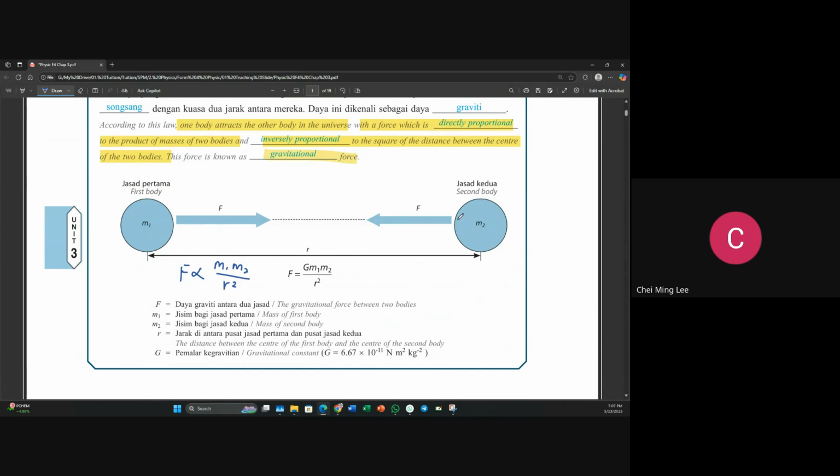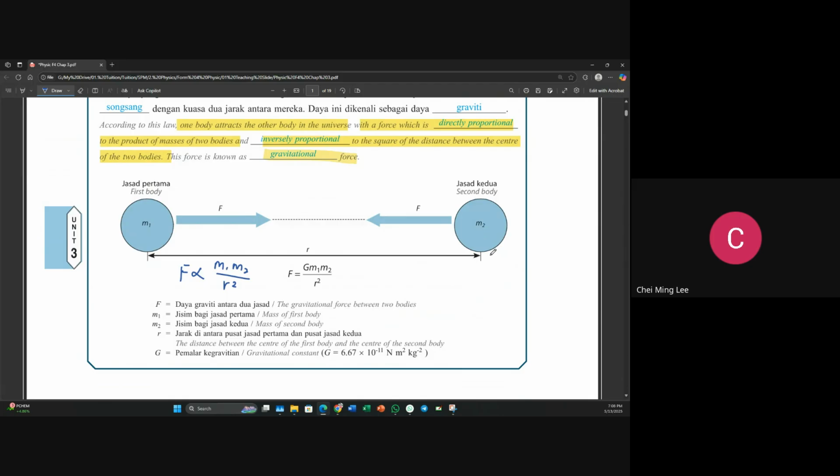The attraction force that occurs between the first and second body is called the gravitational force, and it actually depends on the mass and also the distance. This R is not the radius, it's actually the distance between the centers of the first and second body.